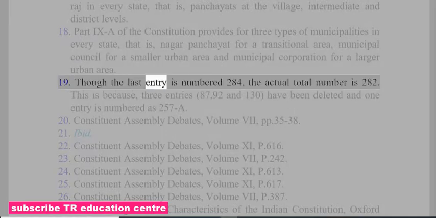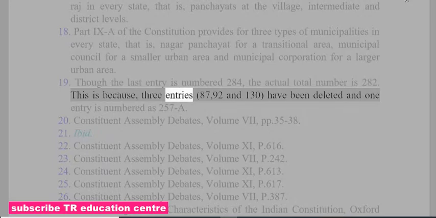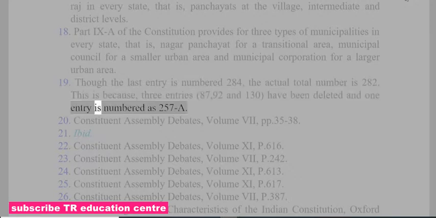Though the last entry is numbered 284, the actual total number is 282. This is because 3 entries, 87, 92 and 130, have been deleted and 1 entry is numbered as 257-A.